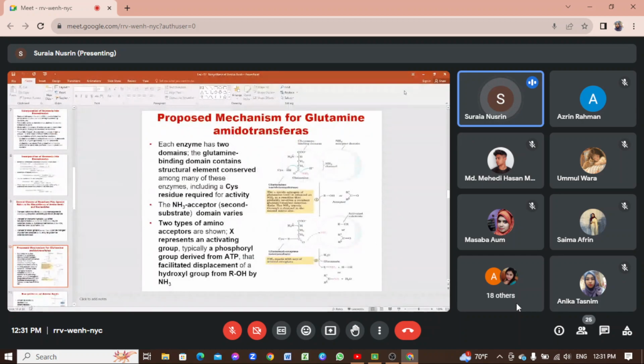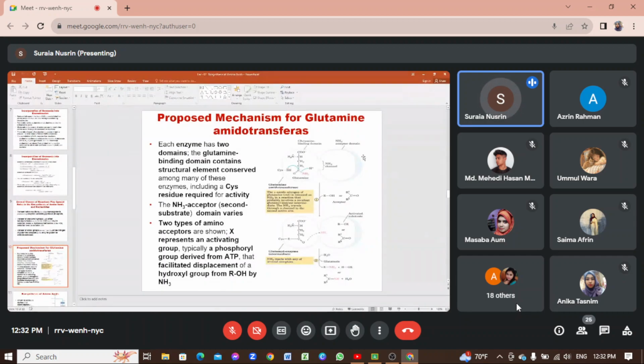So in the next slide, this is about the reaction catalyzed by the glutamine amidotransferase. If you look at the figure, this is the enzyme, and you can see the enzyme has two domains. The first domain is the glutamine binding domain, and the other domain is the amino acceptor domain.